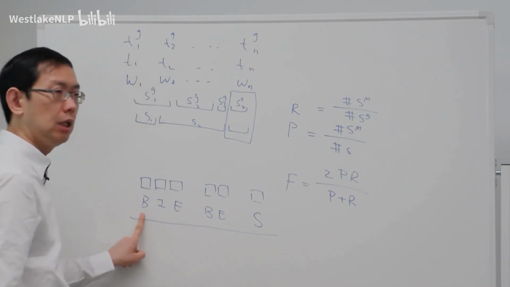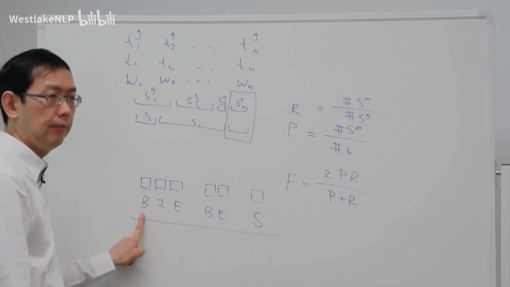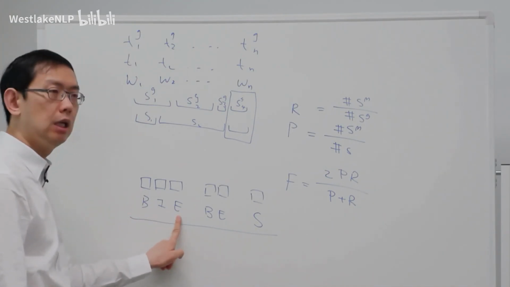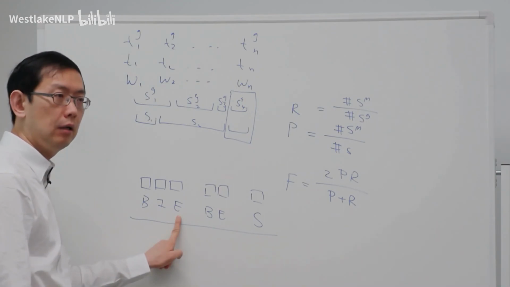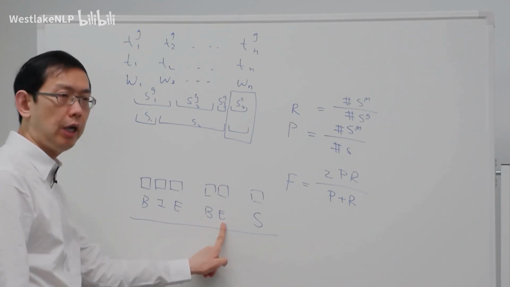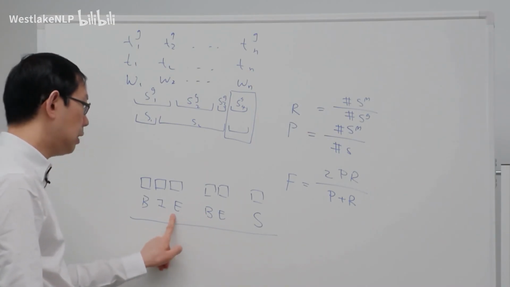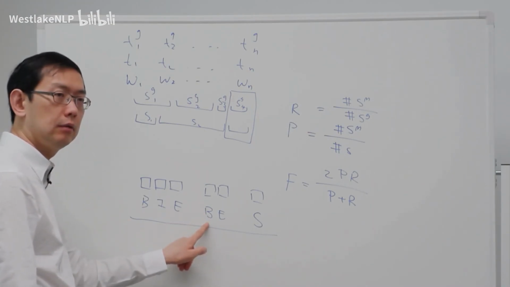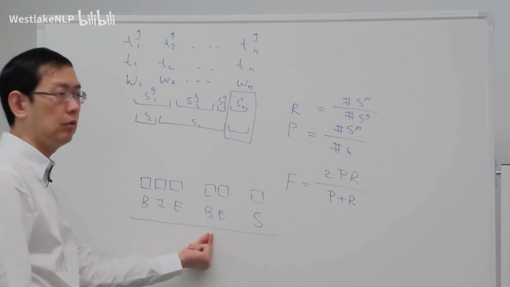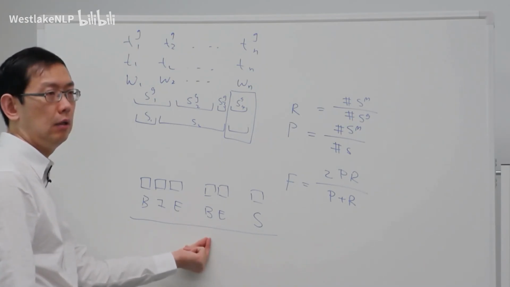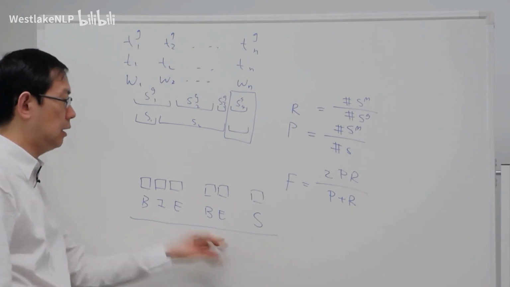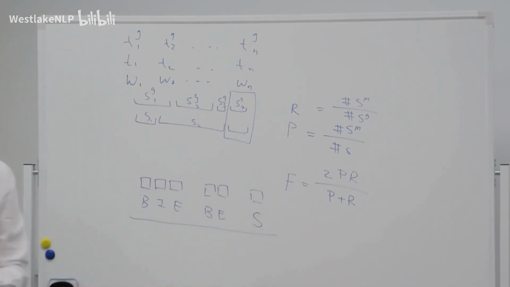This is B_{j-1}, this is E_{j-1}, right? This is E_j. Why not B_j? Because B_j is equal to E_{j-1} plus 1. So when you know this character, you don't need to know the index of this character, right? So 3 character indexes are enough to represent the 2 words.